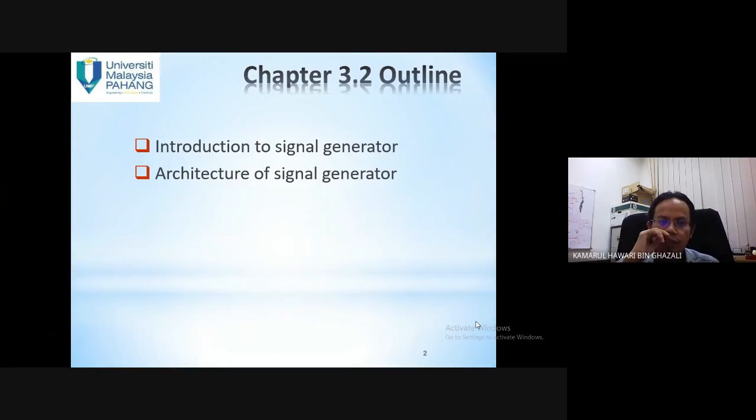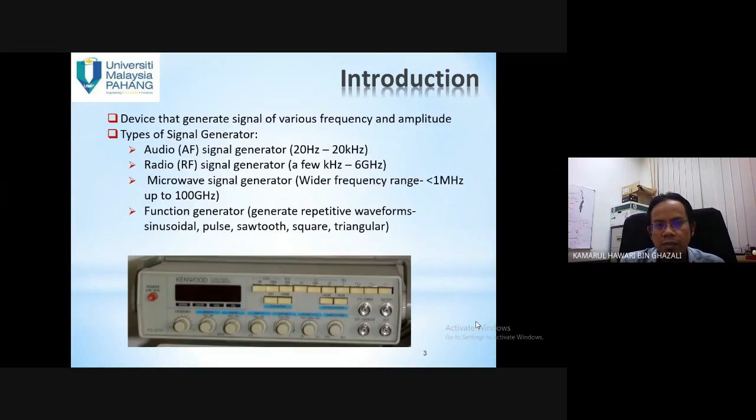Introduction to signal generator, architecture of signal generator. So this is a signal generator. You can see this instrument in the lab, but unfortunately you are not here in UMP, so you can just see it from the photo. A device that generates signals of various frequency and amplitude.